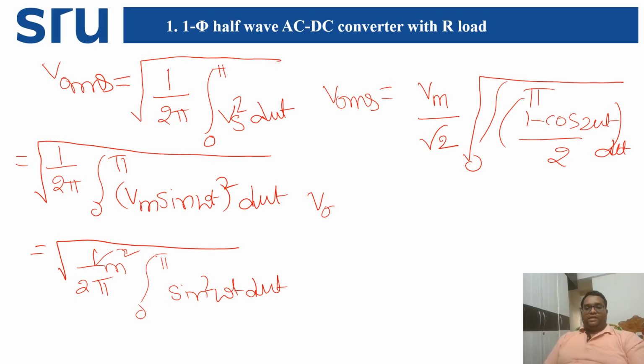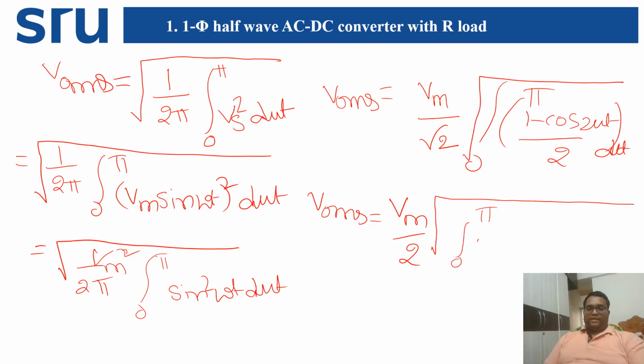Next, V naught RMS is equal to, let us make 2 common, then Vm by 2 will be taken as a total value, then we will apply square root of integration 0 to pi 1 into dt minus cos 2 omega t integration 0 to pi dt.